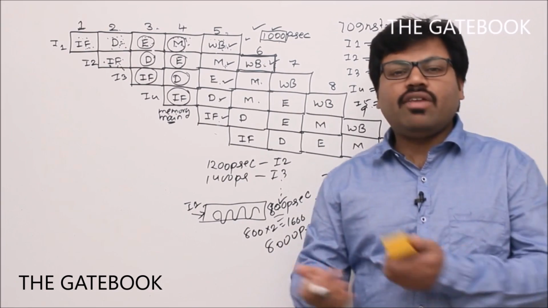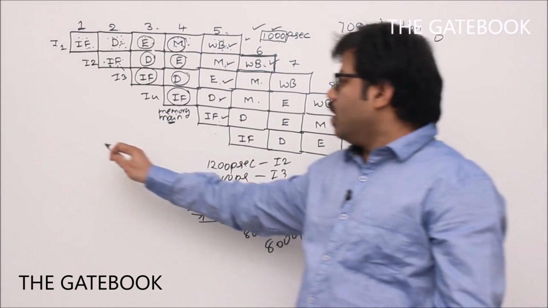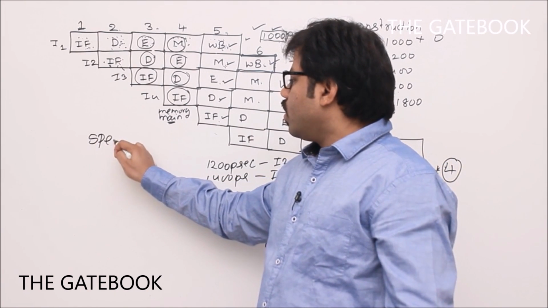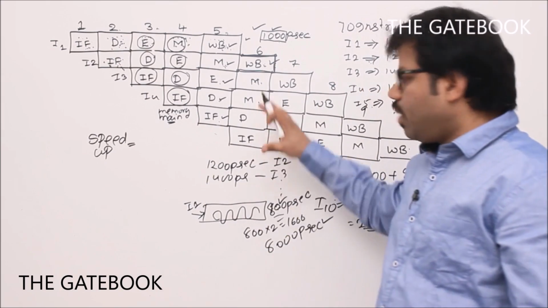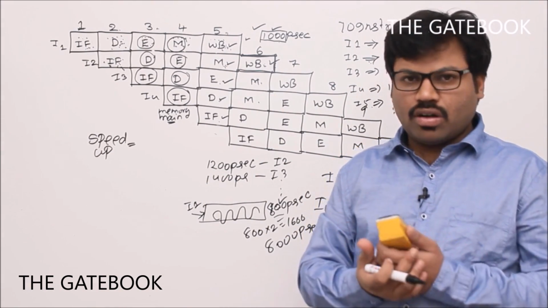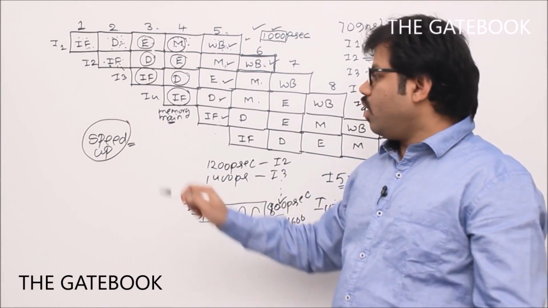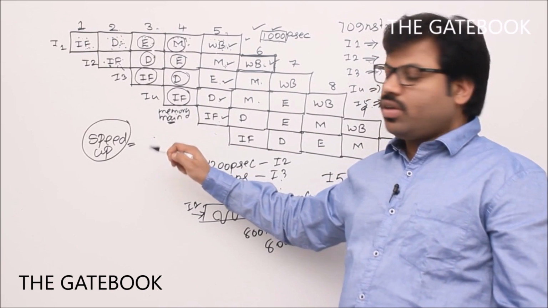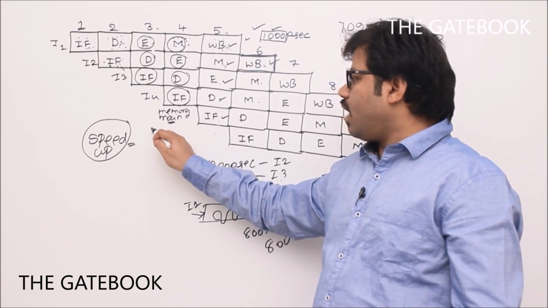Now we'll see the speed up formula. What should be the formula for speed up? If you want to know, because of pipelining, how much performance improvement you got, that is nothing but the speed up factor. Example, let's assume the question is what speed up you get for 100 instructions.